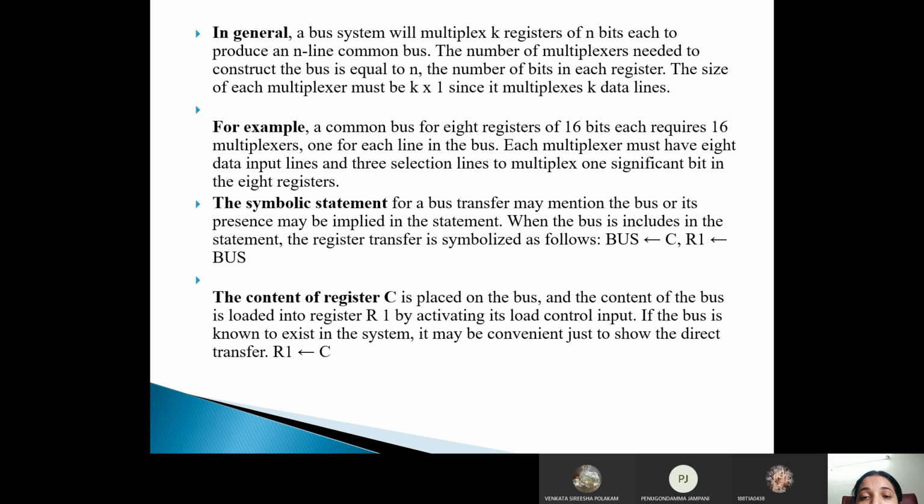Next, in general, we have some symbolic statements. In these, the bus may be mentioned, or its presence may be implied in the statement.